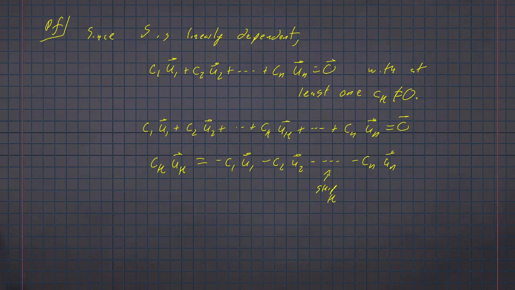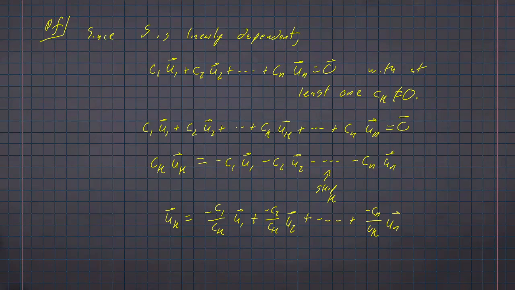And since Ck is non-zero, I can divide both sides of the equation by Ck and get these nice fractions: minus C1 over Ck, minus C2 over Ck, through to minus Cn over Ck.